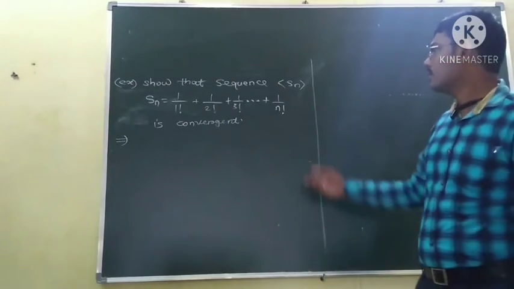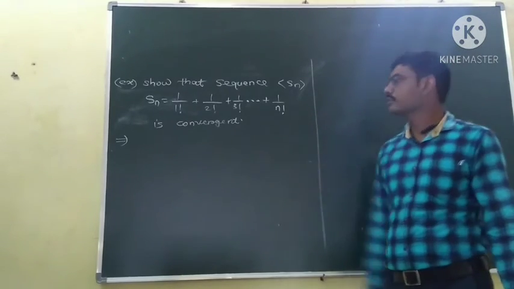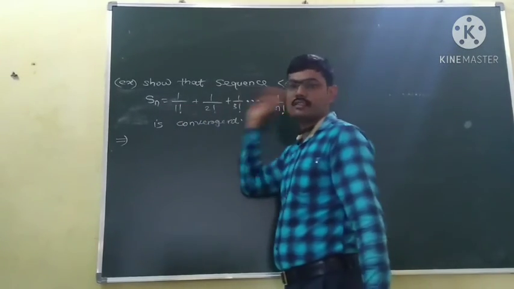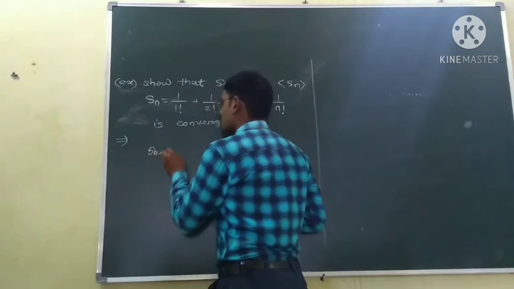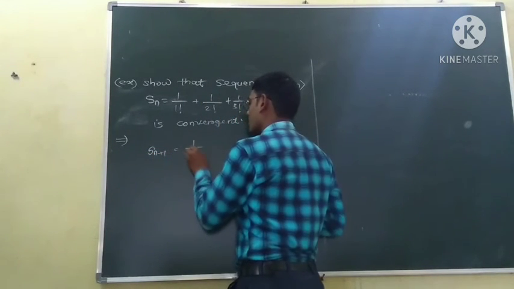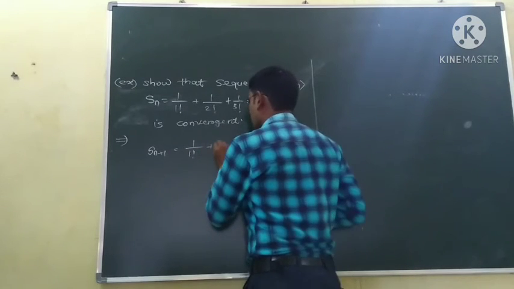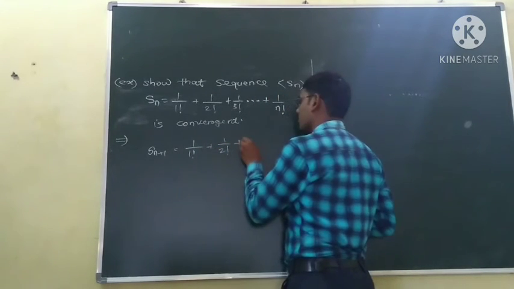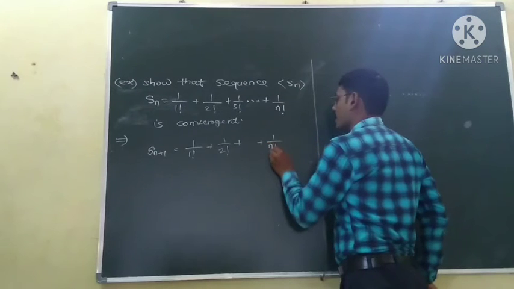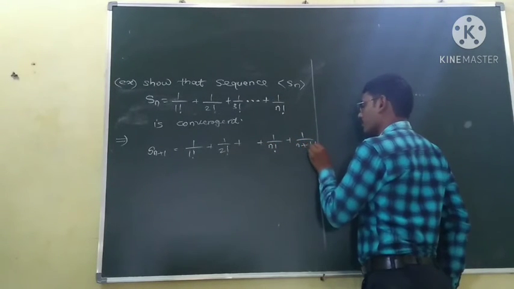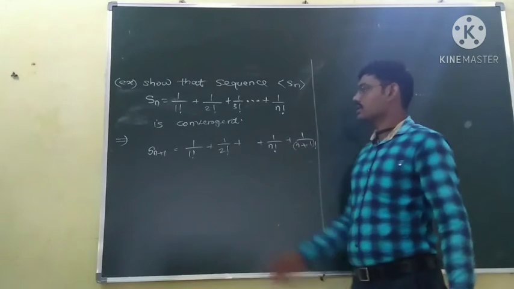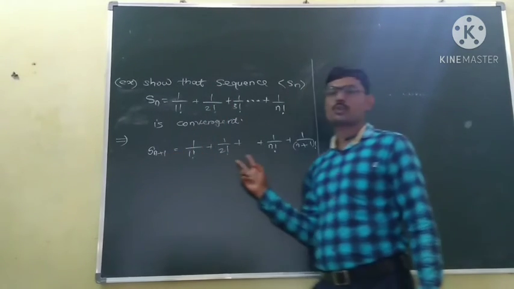Okay, and this should hold for each n. So this is Sn. Then what will be Sn plus 1? Sn plus 1 will be 1 upon 1 factorial, 1 upon 2 factorial, plus up to 1 upon n factorial, plus 1 upon n plus 1 factorial. See, this is Sn, this will be Sn plus 1.